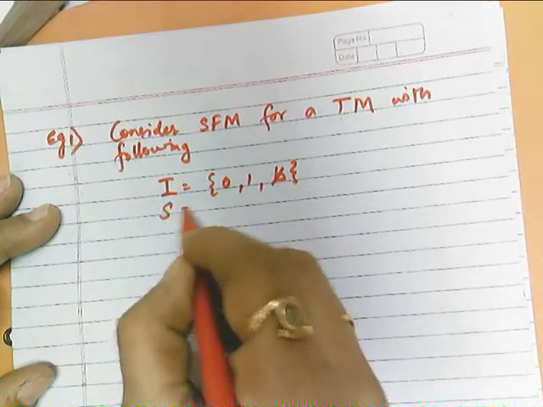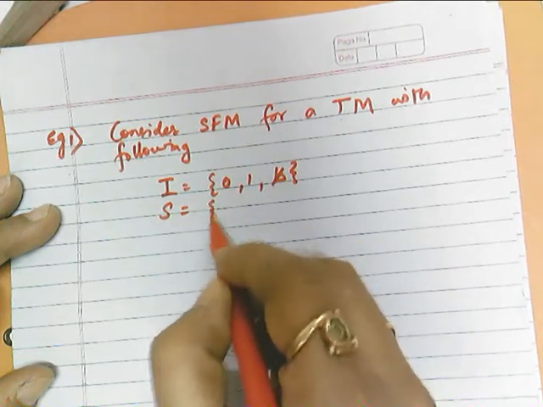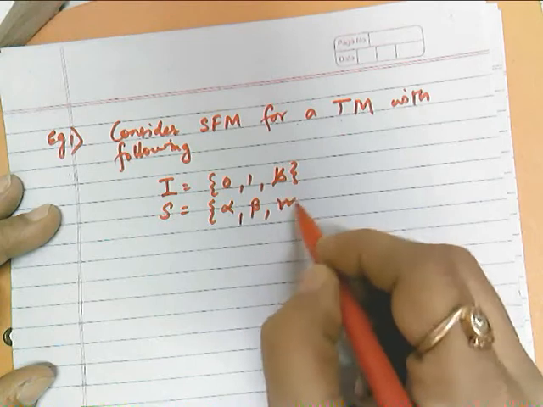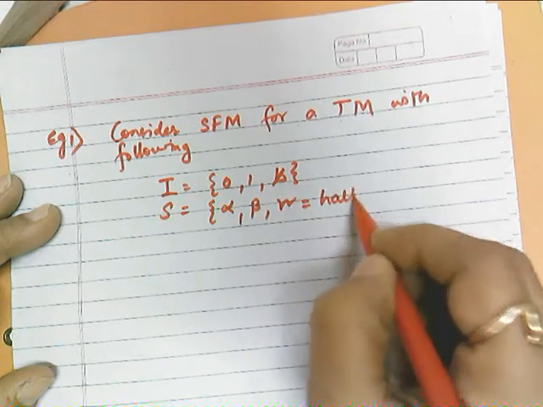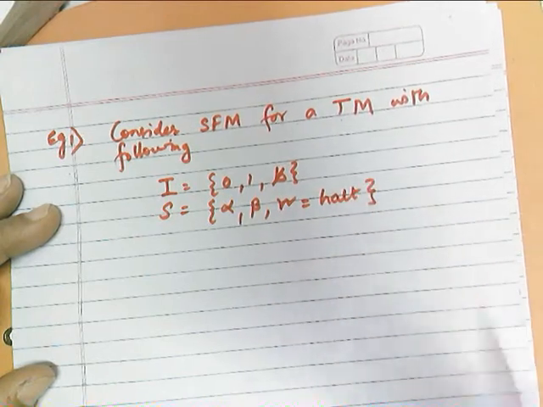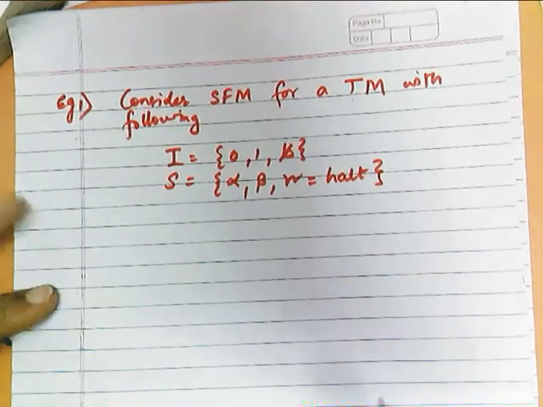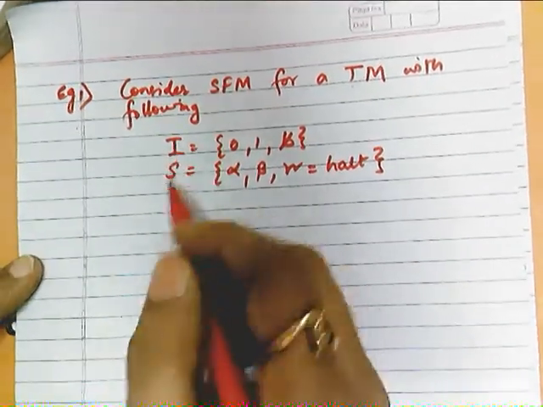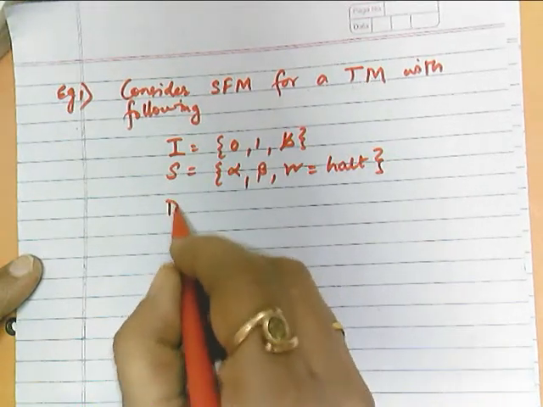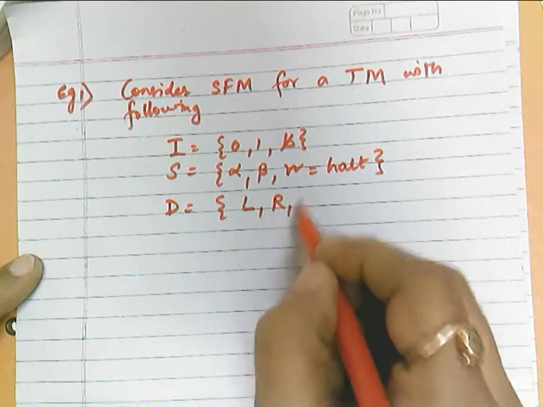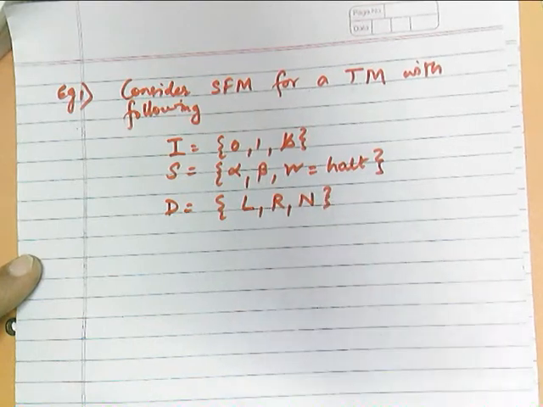S is alpha, beta, gamma, where gamma is the final state, or in a Turing machine it is called the halt state. D indicates the three directions, that is L, R and no movement.